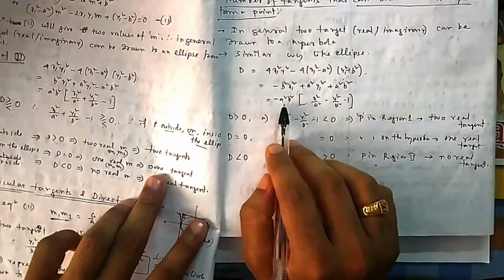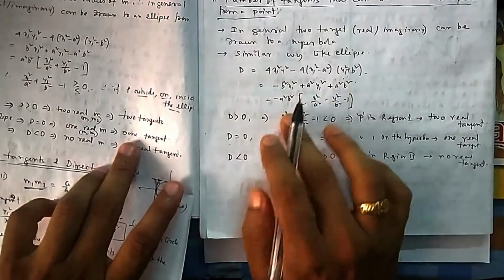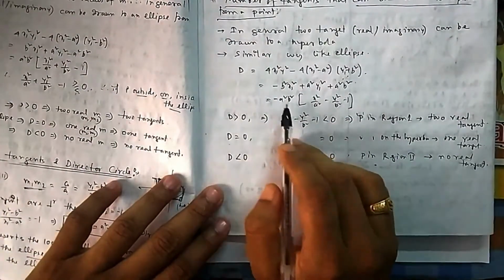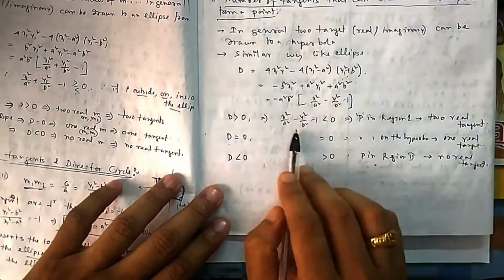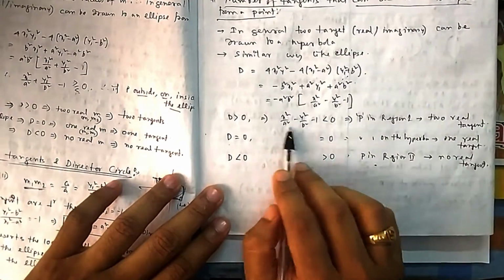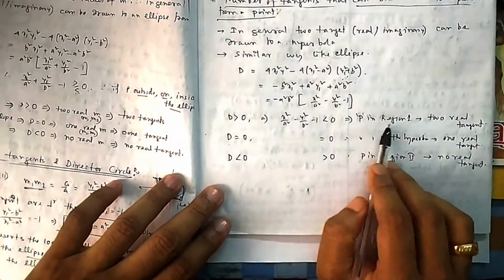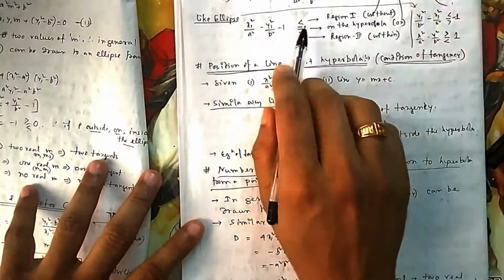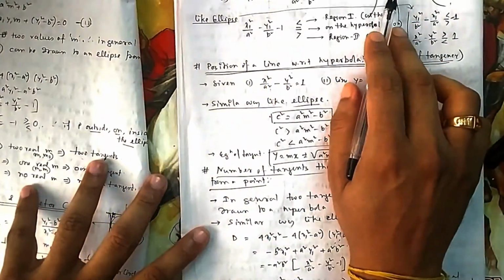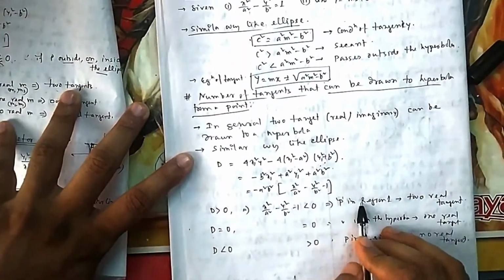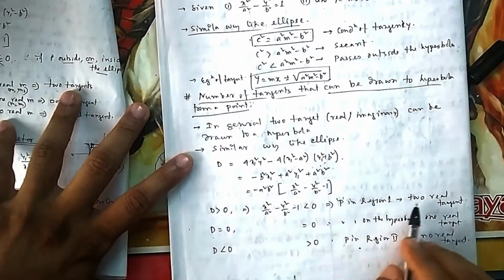Now if you take minus a square by b square common, it is this one. Now if D has to be greater than 0, because there is a minus sign, this has to be negative. Because this has to be negative, you can see that P has to be in region 1. Negative means it is in region 1. So if it is in region 1, then you will have D positive. That means you will have two tangents.